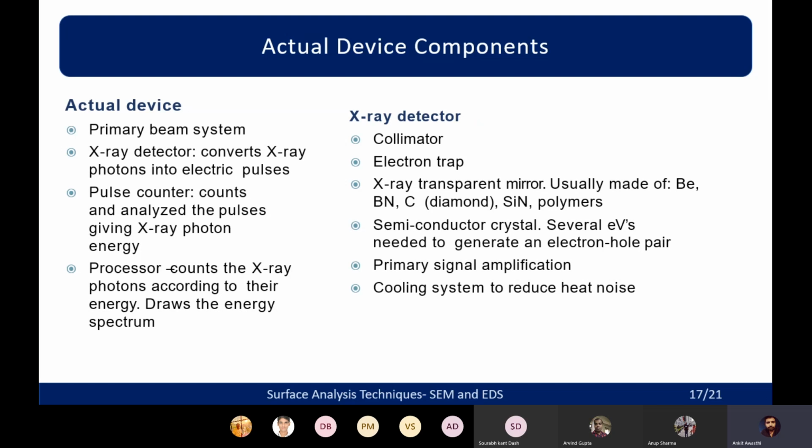The main role of the semiconductor crystals is to convert these X-ray photons into an electric pulse. When these X-ray photons fall on the semiconductor crystals, we get electron-hole pairs, which cause a potential difference, and we get electric pulse signals from that. After that we amplify the signal.